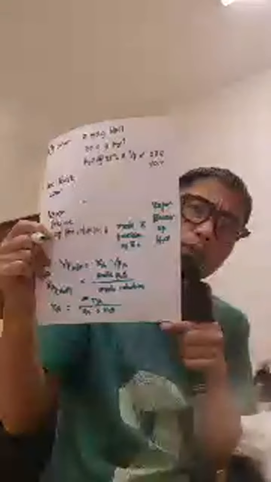So X A, with moles represented by small letter n, so n A, which is water, over n A plus n B. As I told you a while ago, A component is water, B component is sodium chloride.